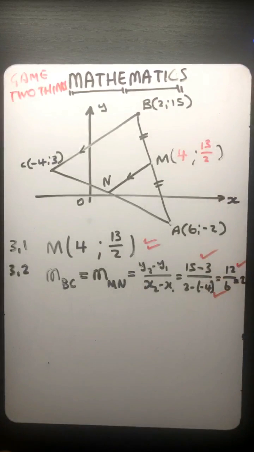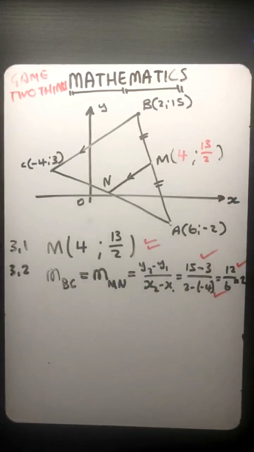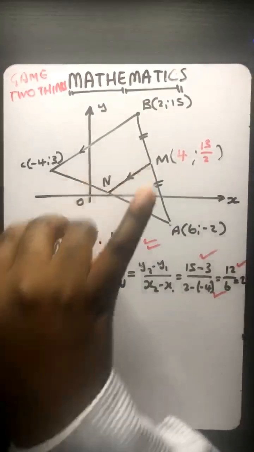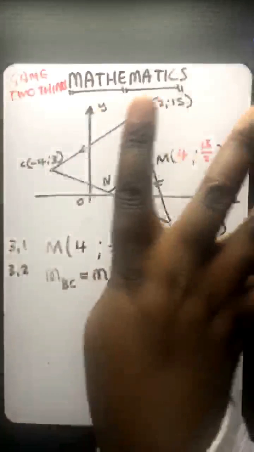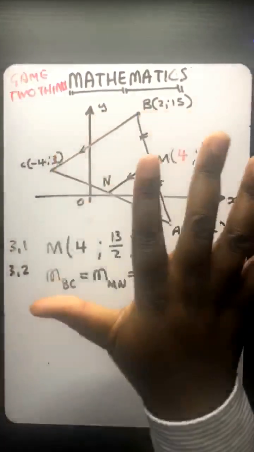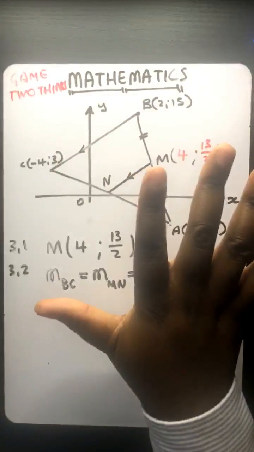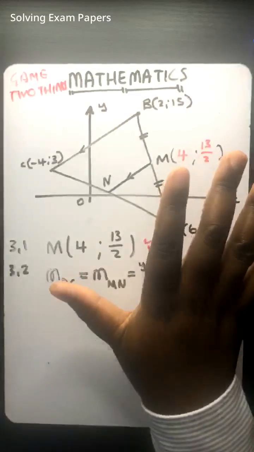Can you guys see that this chapter, analytical geometry, is not really that complicated or difficult? You just need to know all that we discussed when we did our introduction. It's either they want you to calculate the midpoint, distance, or gradient. Also, they might want you to determine the equation of a straight line. In addition, they might ask you to calculate an angle of inclination or involve a question that has an angle.